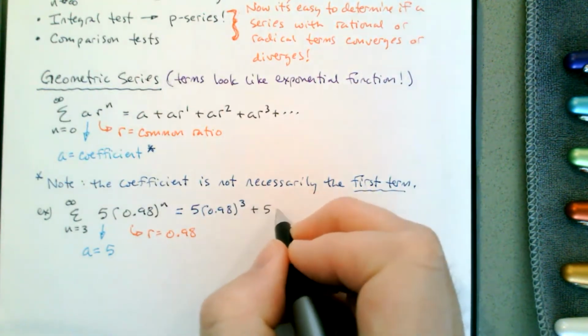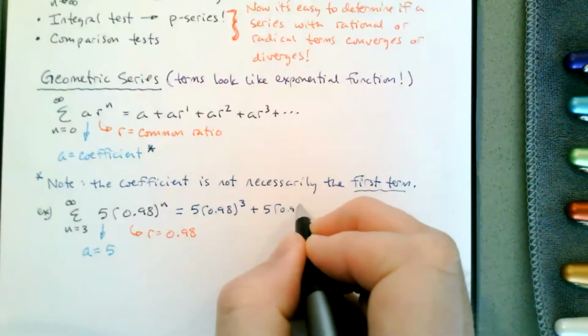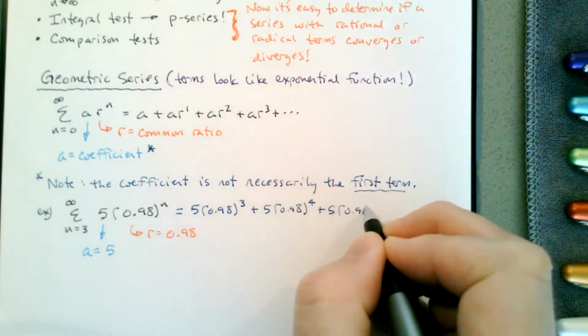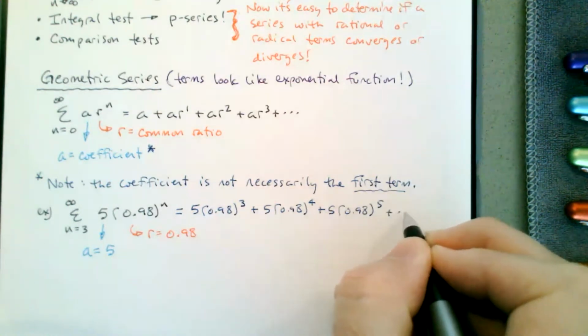And then 5 times 0.98 to the fourth, and 5 times 0.98 to the fifth, and so on.